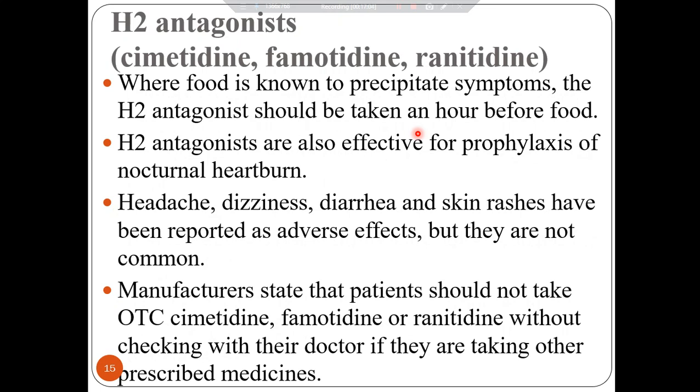Headache, dizziness, diarrhea, and skin rashes have been reported as adverse effects, but they are not common. The manufacturers of these H2 antagonists state that patients should not take cimetidine, famotidine, or ranitidine without checking with their doctor if they are taking other prescribed medicines, to avoid drug interactions, especially with cimetidine, which is known as an enzyme inhibitor that can interact with many types of drugs.